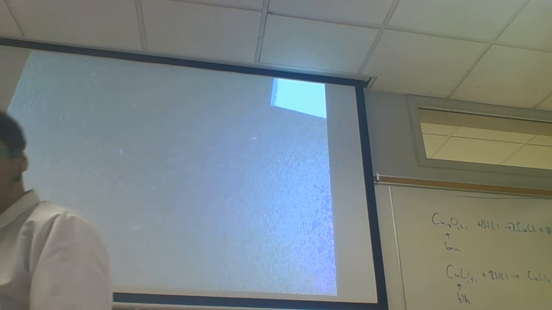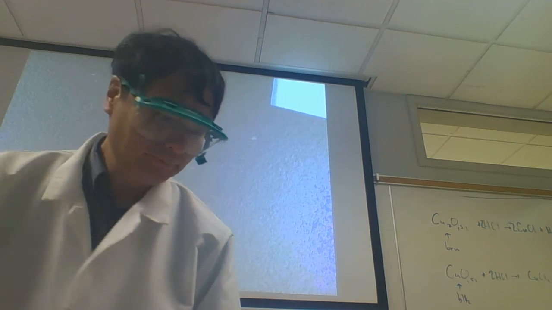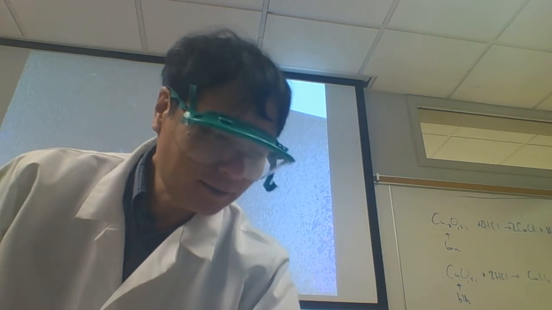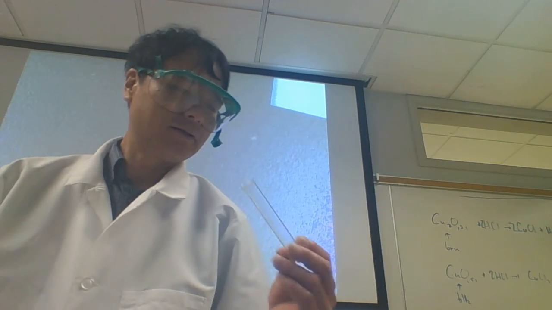Copper and nitric acid. Why didn't they give me enough test tubes? I didn't get enough. For this one, I should do it in the hood. Do you know why? Because something's going to happen. It's going to explode.